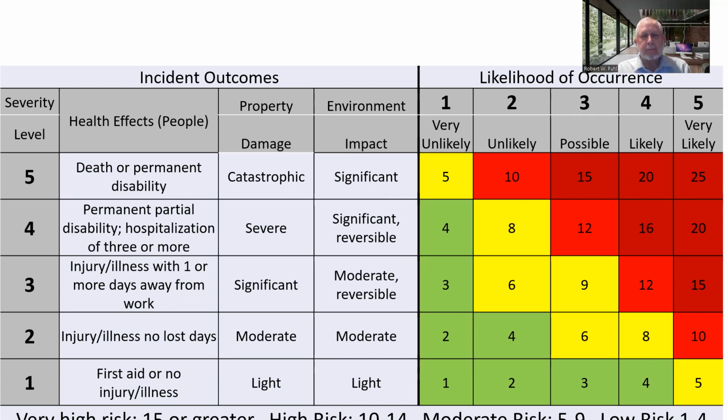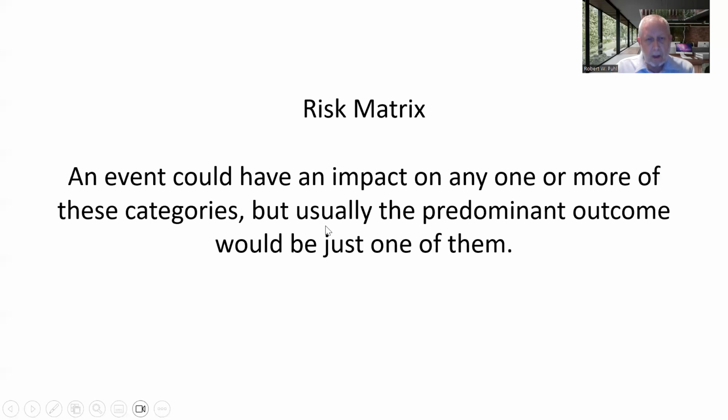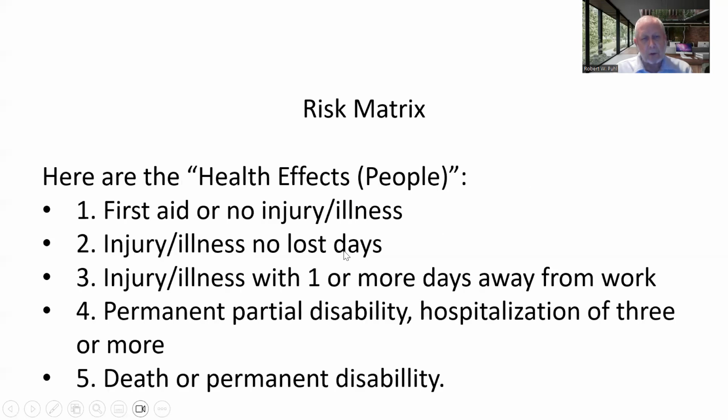So you have the 3: health effects, people, property damage, or environmental. There are the possible incident outcomes. They're all important. An event could have an impact on any one or more of these categories, but usually the predominant outcome will be just one of them.